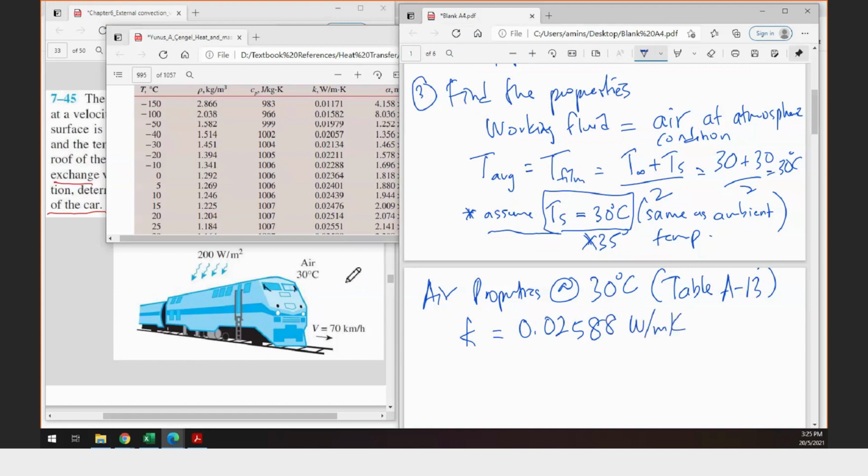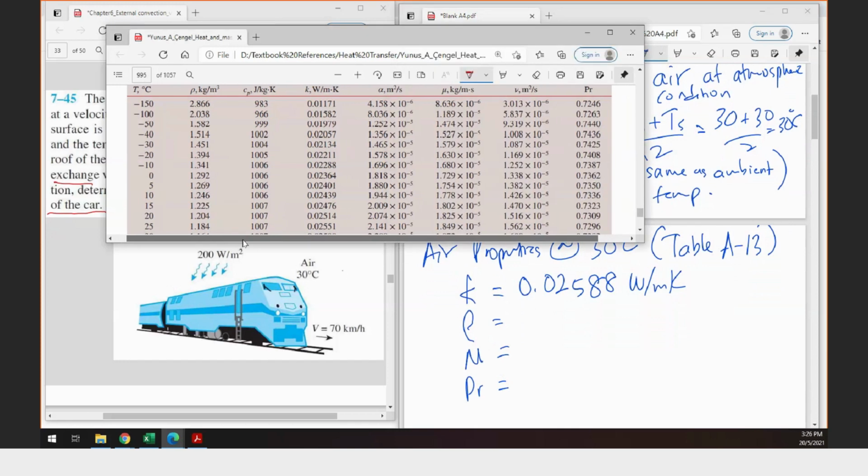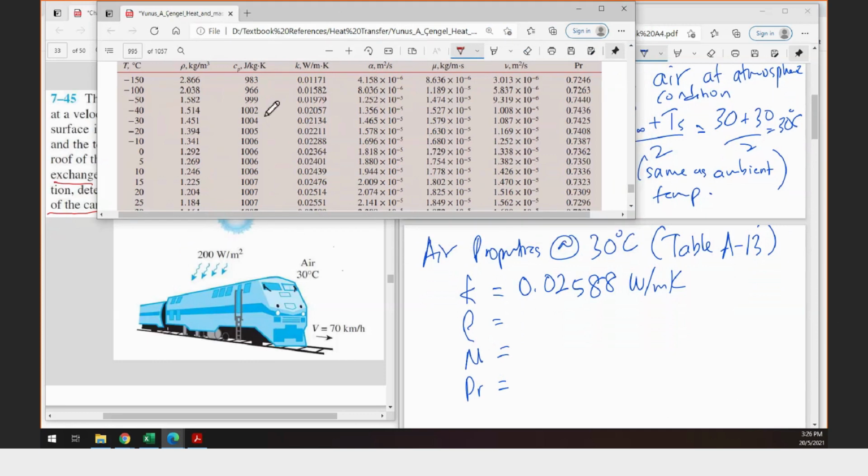What else do we want? We want the density. I want the kinematic and dynamic viscosity. I want the Prandtl number. Can someone write this value for me? V is the kinematic viscosity, right?